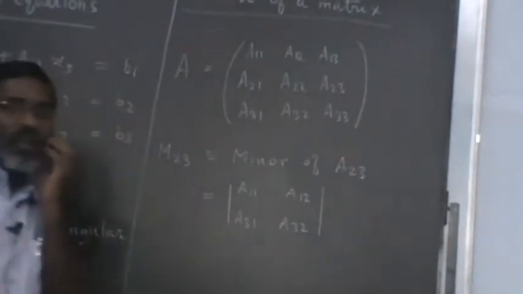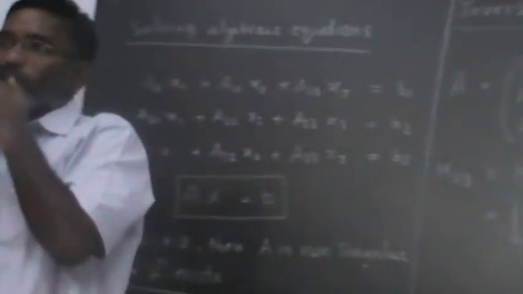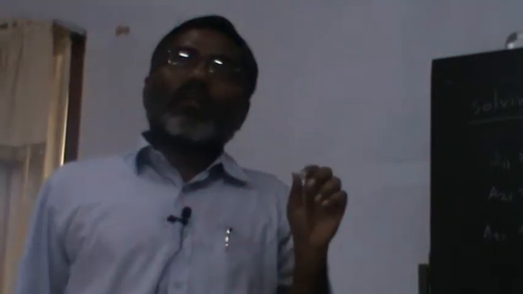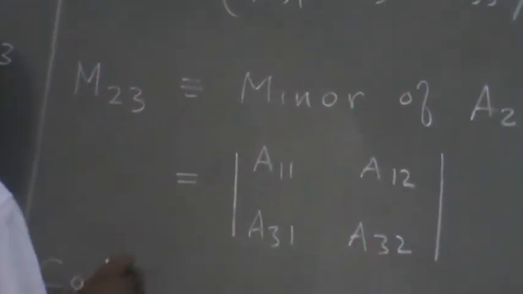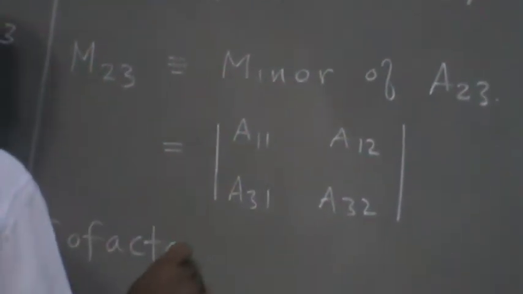This is called a minor of an element. Minor of a matrix element is defined as the determinant of the matrix obtained by deleting the row and column corresponding to the element. Then you can define what is called a cofactor.